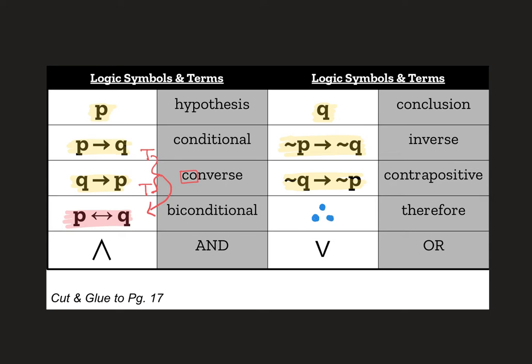When we get lazy, we just use our 3 dots to tell you therefore. And is nice because the symbol just looks like a capital A with the line missing. Okay, so you can always just imagine that A there. Okay, so that's and. Or is just the flip of that. If you can remember, and looks like the A, or is the other one.